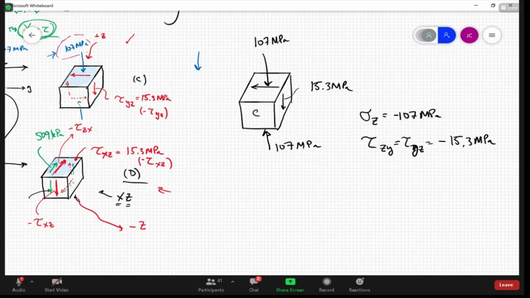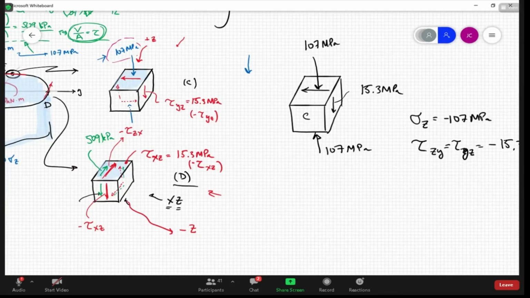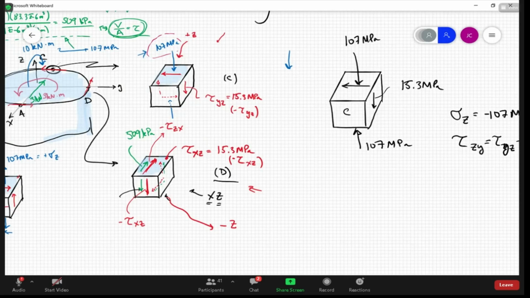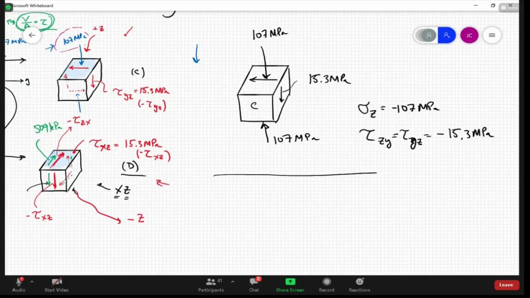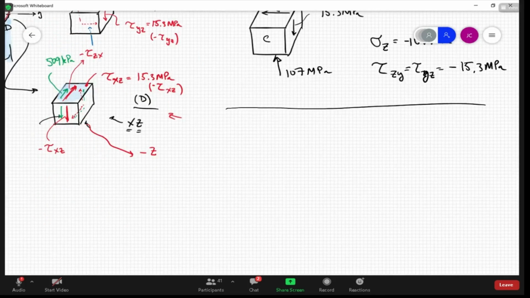Because as we talked about, that is actually acting in the negative direction, okay? Now, if we were to do the same thing for point D, there's the, just terrible drawing. Let's try to draw a little better.